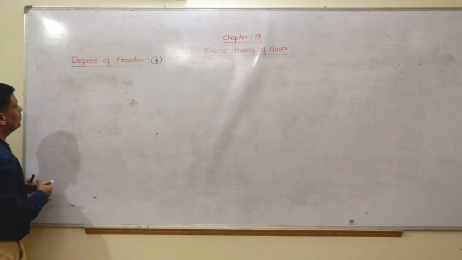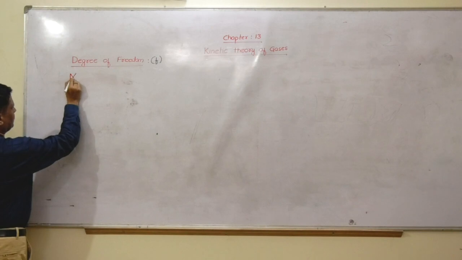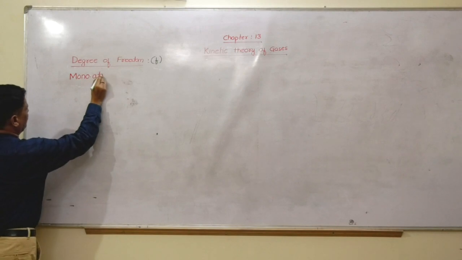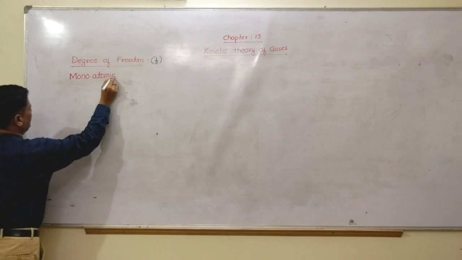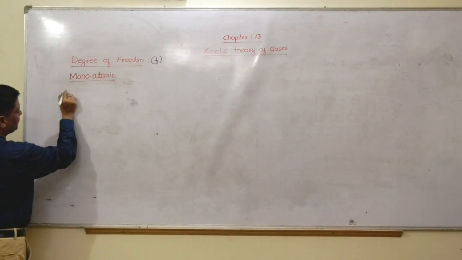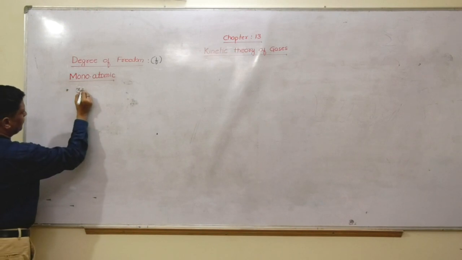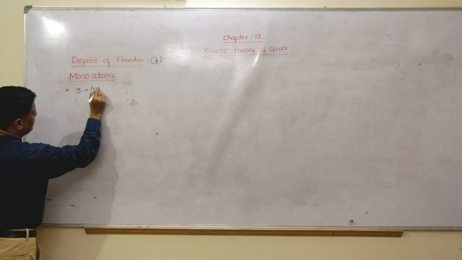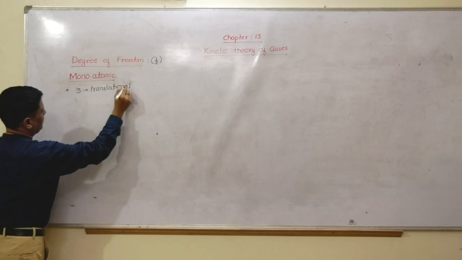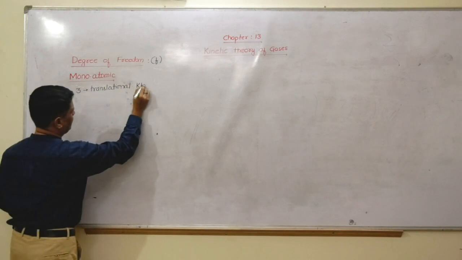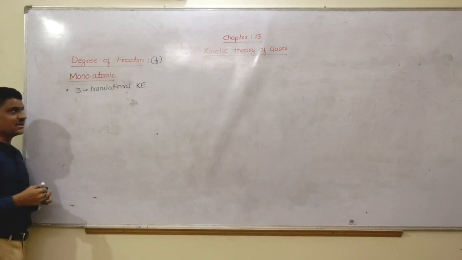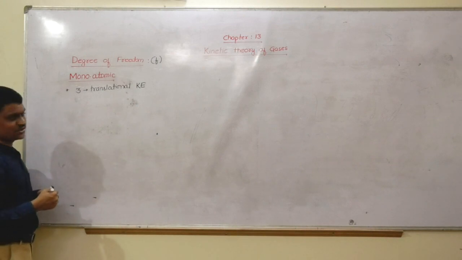Now I'll take monoatomic. For monoatomic, it has three translational kinetic energies in the expression of total energy.